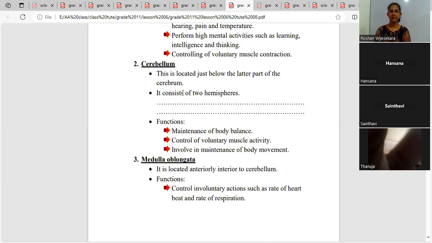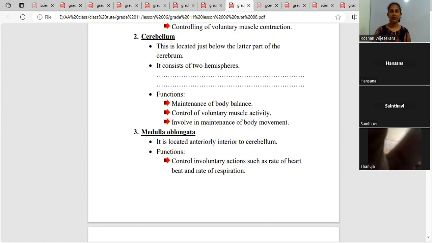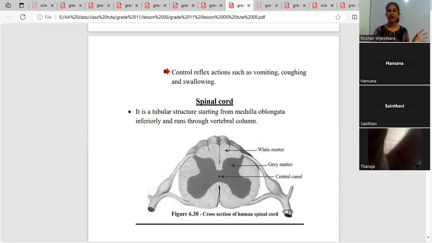The medulla oblongata is involved in involuntary action, controlling involuntary actions like heartbeat and rate of respiration. We don't think about that, but they automatically take action.